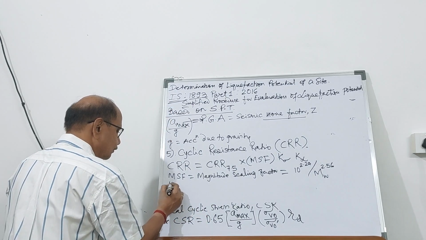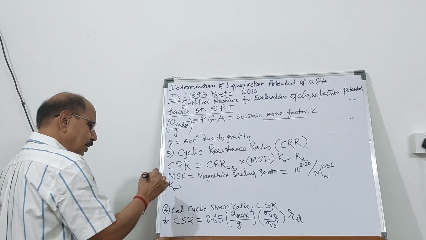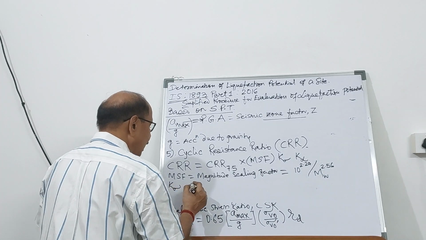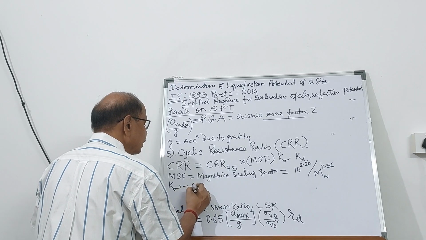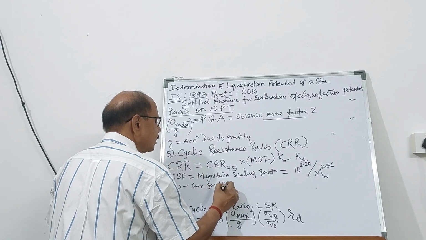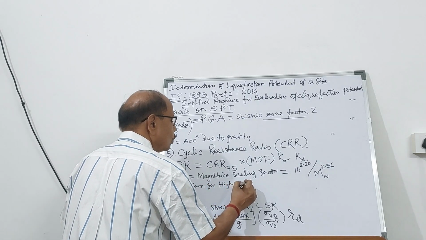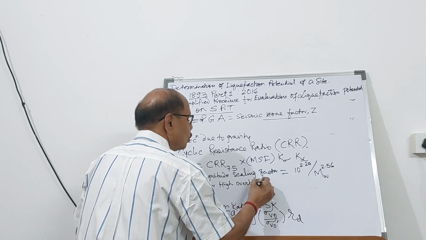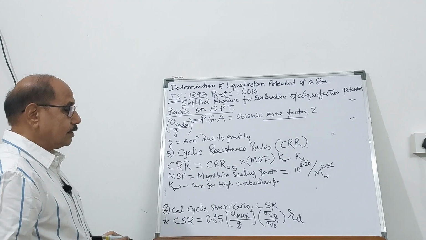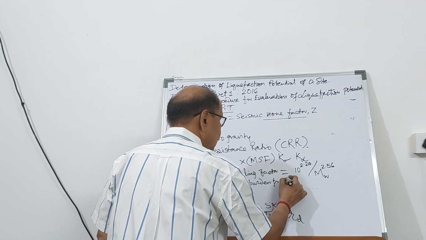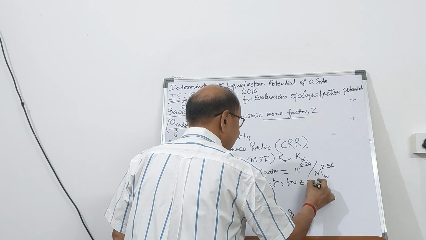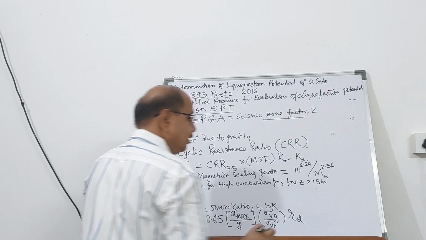K sigma is due to the overburden, and this is the correction for high overburden pressure, and this is for the depth greater than 15 meter.